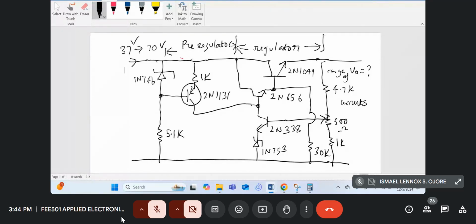Well, current through the circuits when V naught is 30 volts.